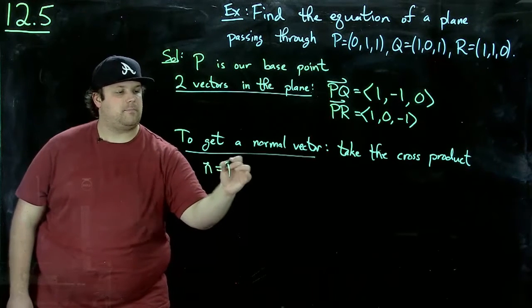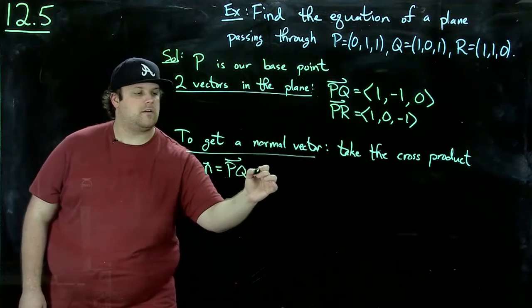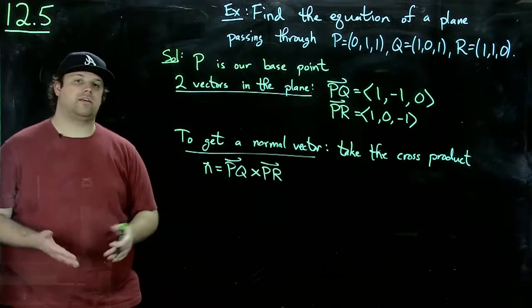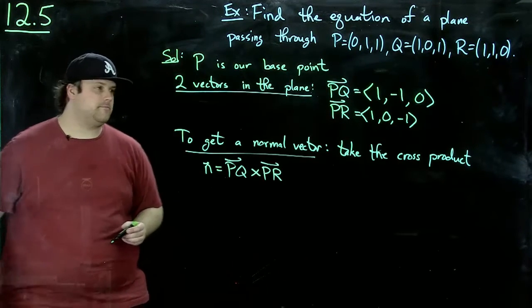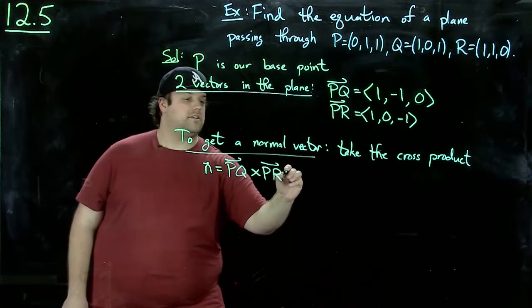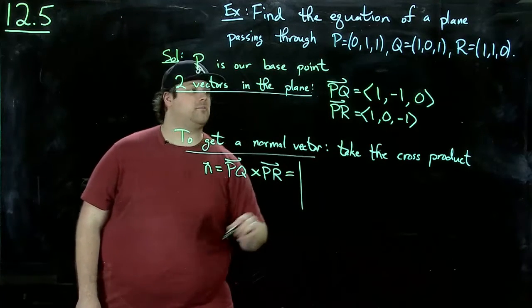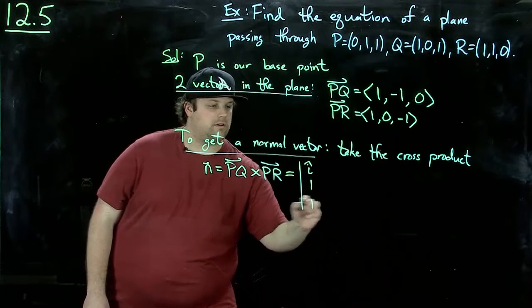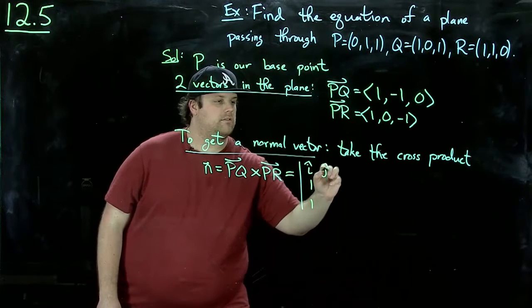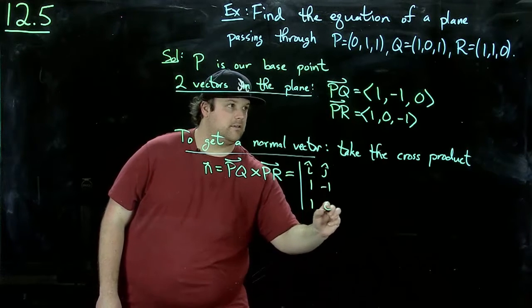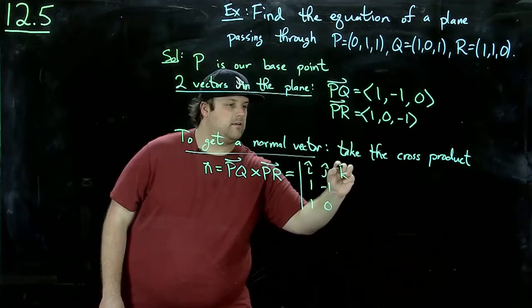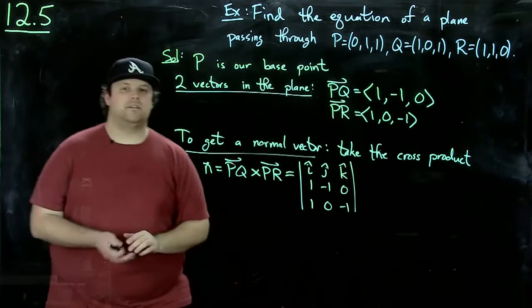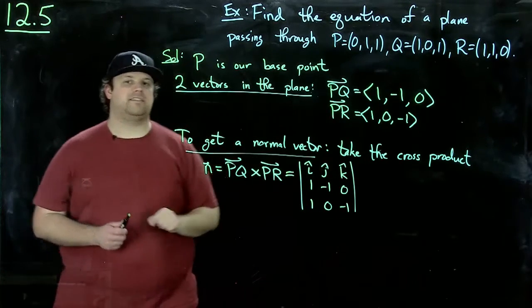And this will be PQ cross product PR. Now we just have to compute that. So we have our determinant: I, 1, 1, J, minus 1, 0, K, 0, minus 1.